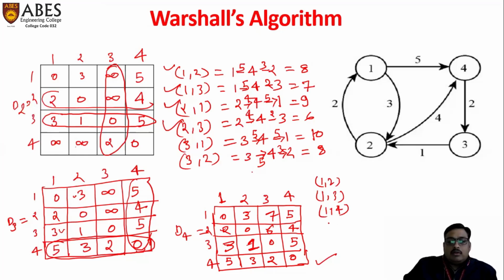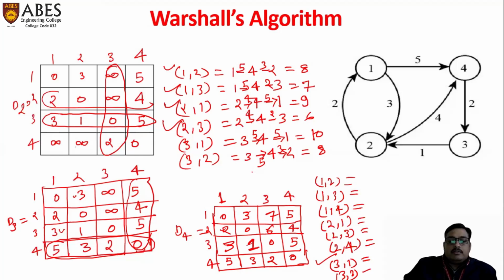Okay. Now come to 2. Vertex 2 to 1, then 2 to 3, 2 to 4, then 3 to 1, 3 to 2. Like this, we can write values for all. So this value denotes the shortest distance.